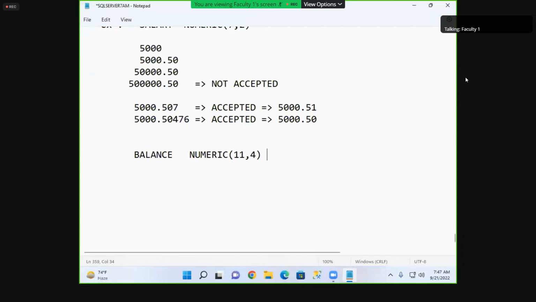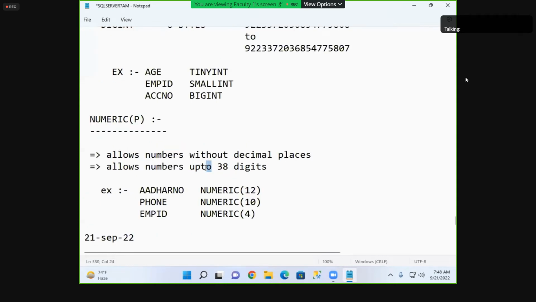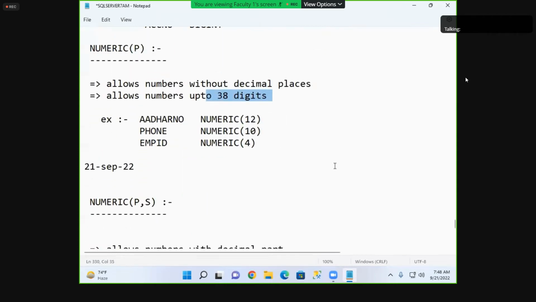Before decimal how many digits allowed? 7 digits. After decimal 4 digits. Total 11. Understood? You can declare precision up to 38 digits.